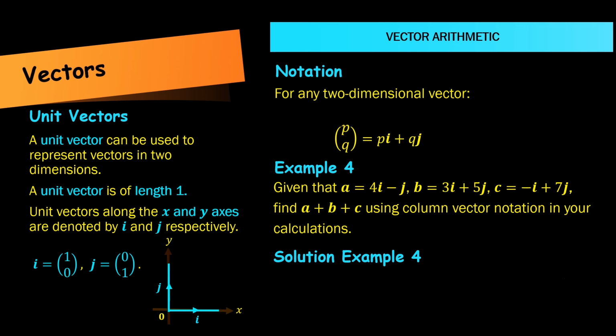So we convert first all the vectors into column vectors. Here's a, (4, -1). Here's b, (3, 5). And here's c, (-1, 7). And of course we're adding the three vectors together.